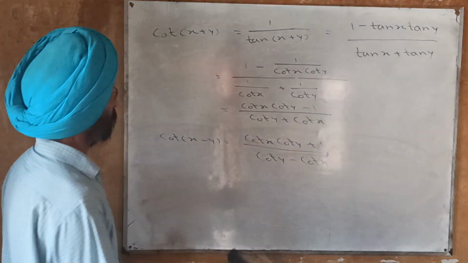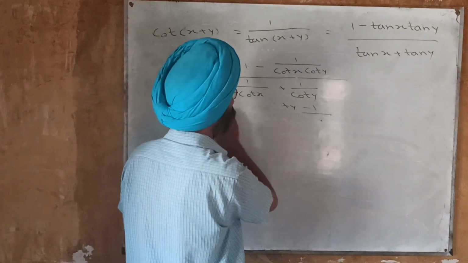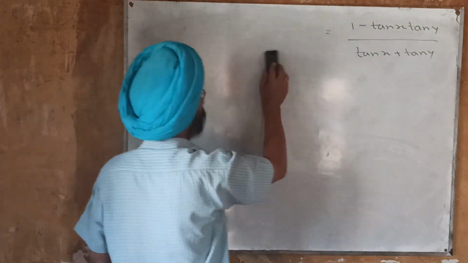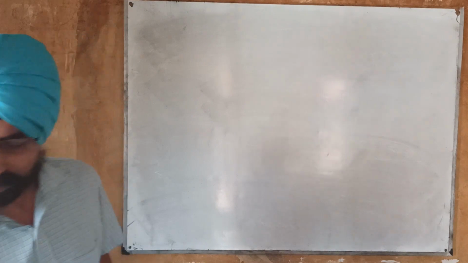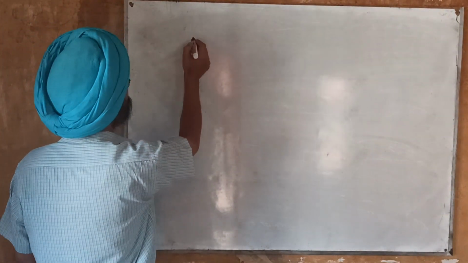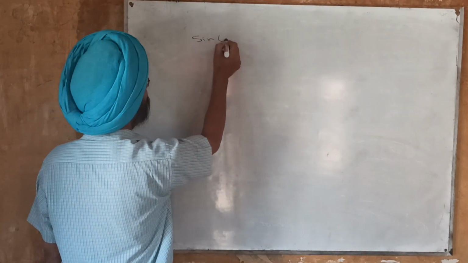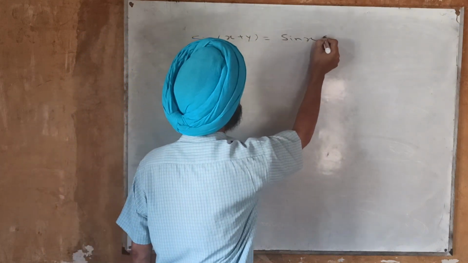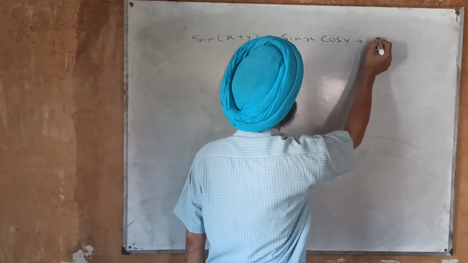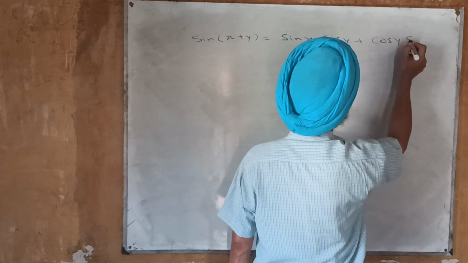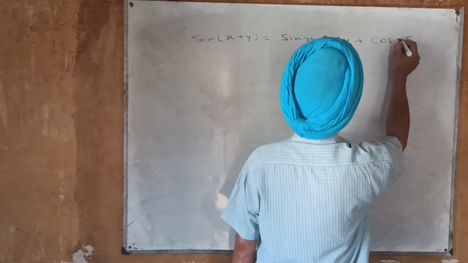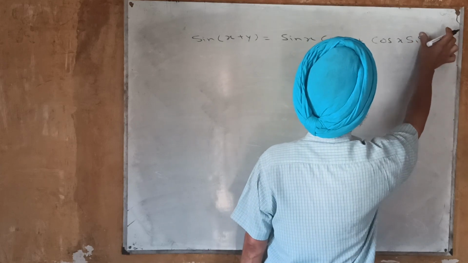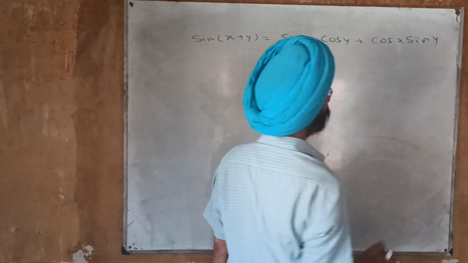Now we move a little bit ahead to get more formulas for these trigonometric functions. And once again I am writing sin x plus y is equal to sin x cos y plus cos x sin y.